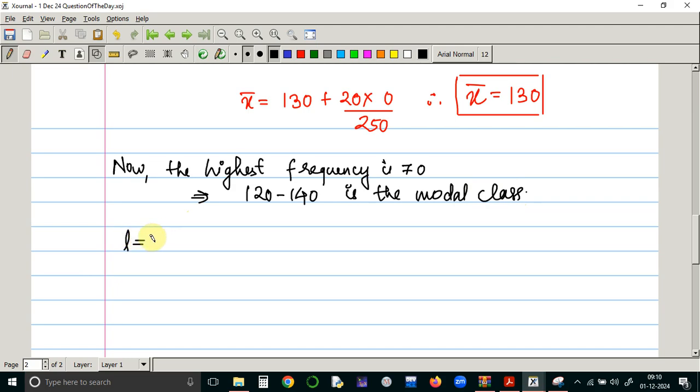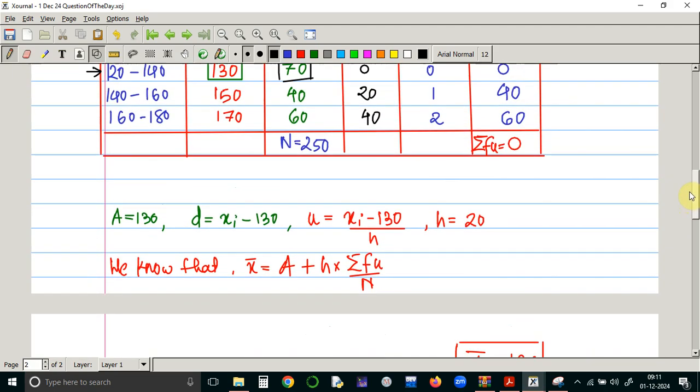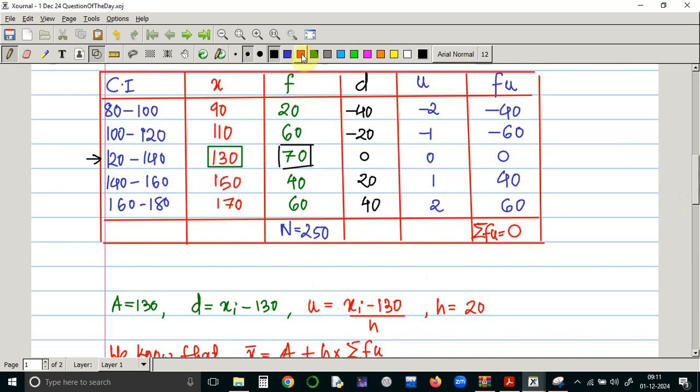So once the modal class is decided, the first thing you get is the lower limit of the modal class. L is 120. Then you want these frequencies. The frequency of the modal class is F1, this is your F0, and this is your F2.